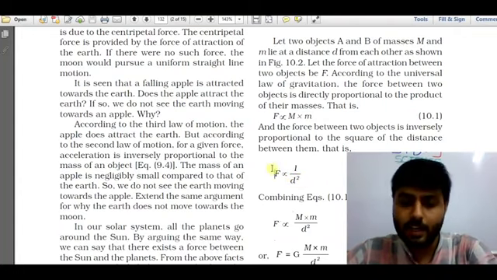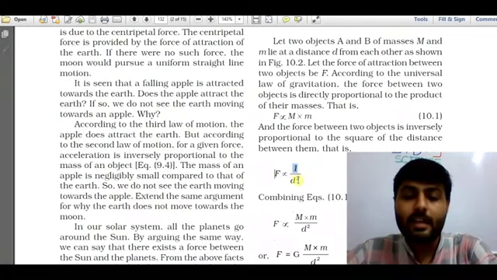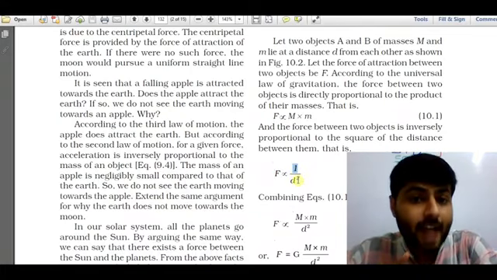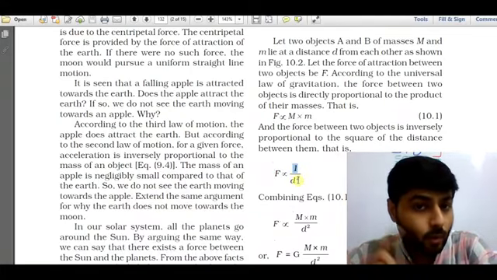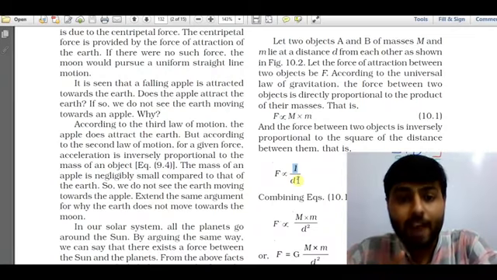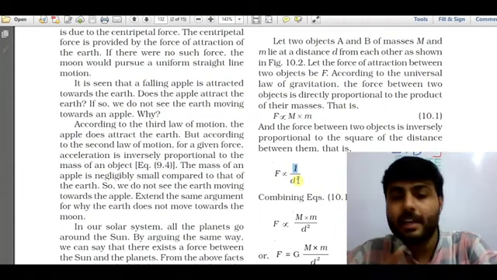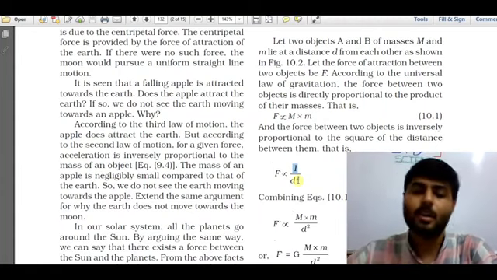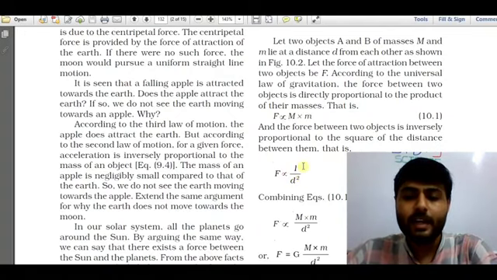That is the same. So we have equation number 2 here.